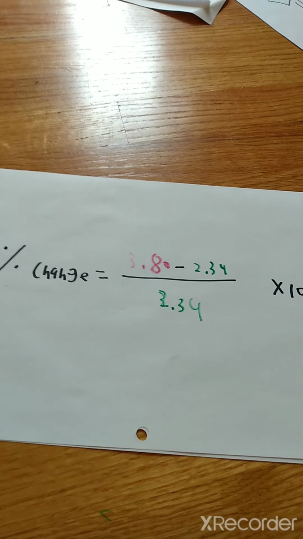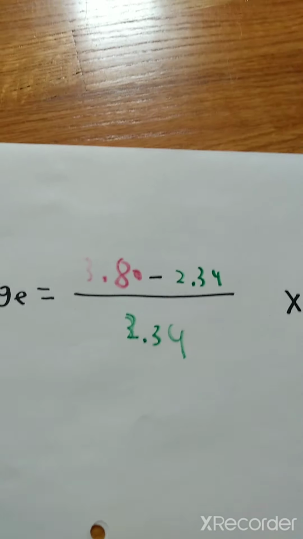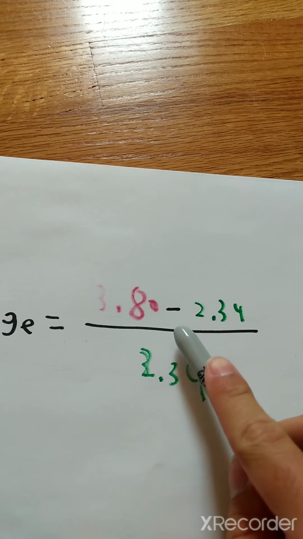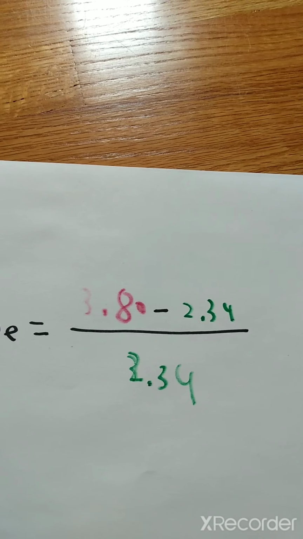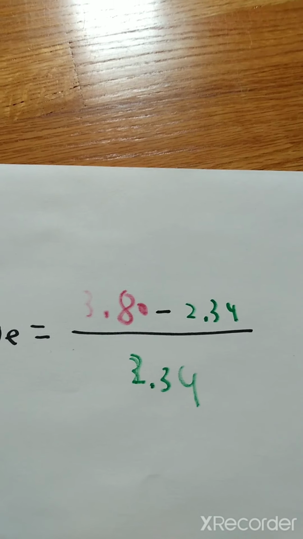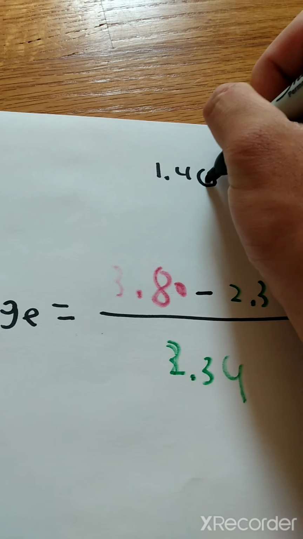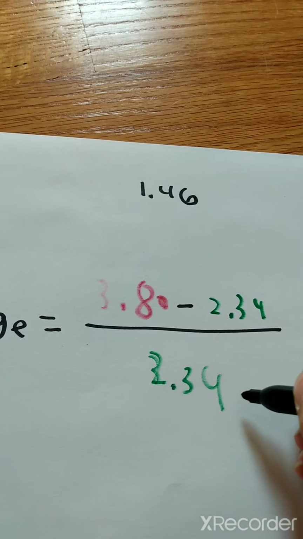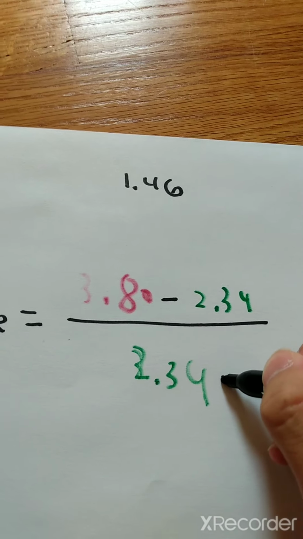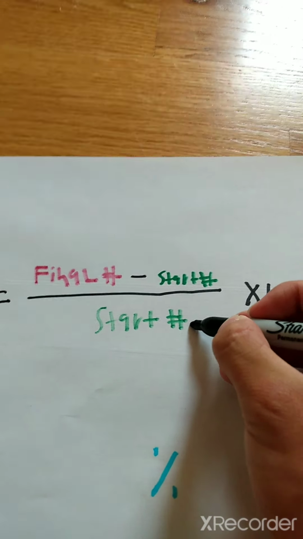Let's do the math. If we do 3.80 subtract 2.34, we get 1.46. But we are not done yet. We still have to divide by 2.34, which was the starting position.